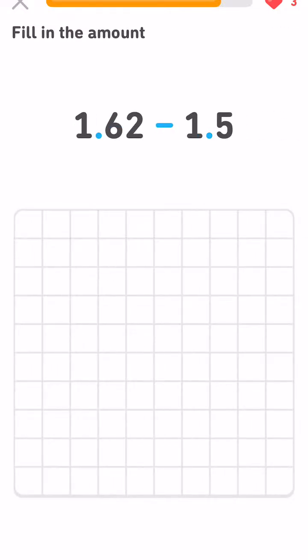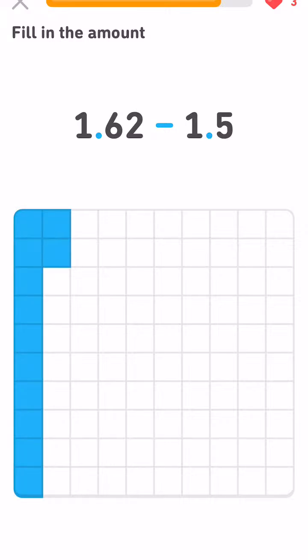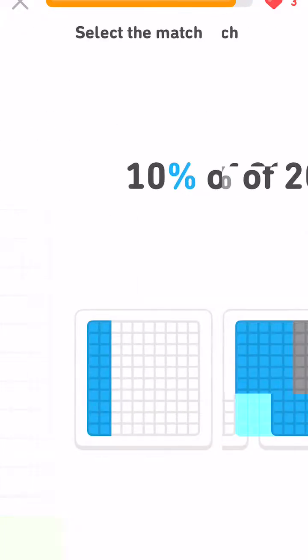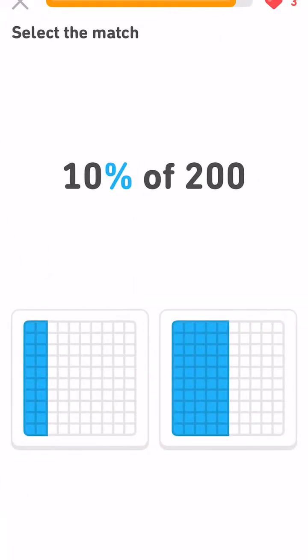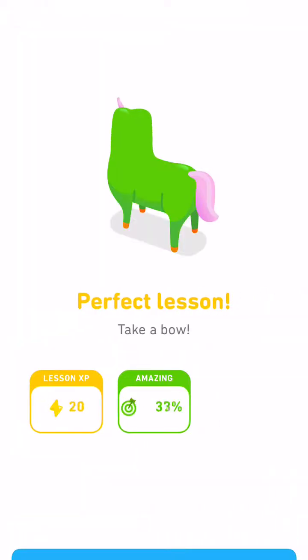Ooh, okay. 1.62 minus 1.5. So we have 1. Oh wait, just kidding. 0.12. Okay, so 10, 11, 12. 10% of 200, that would be 20. Woo, we got a perfect score.